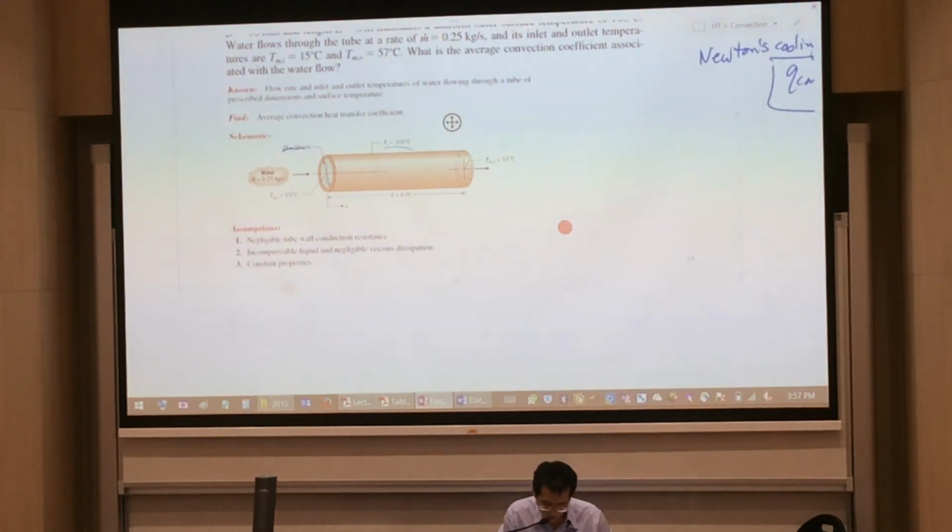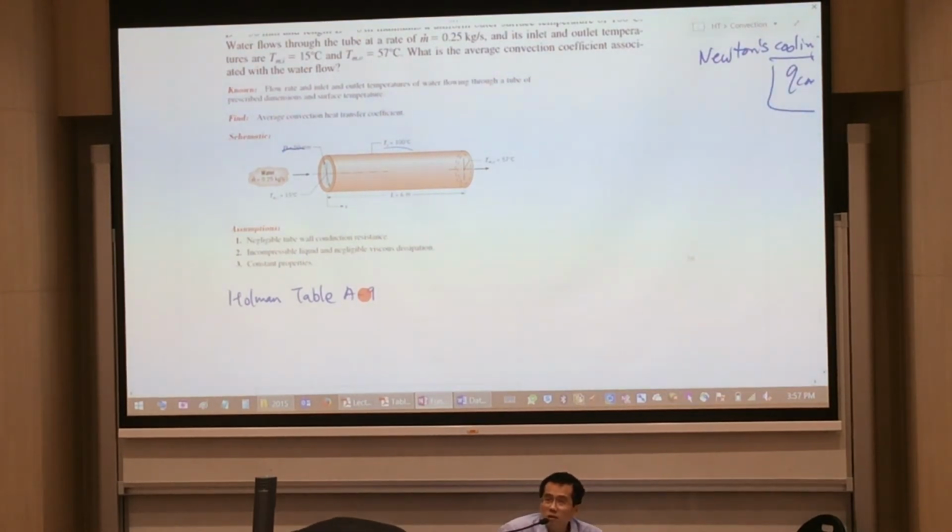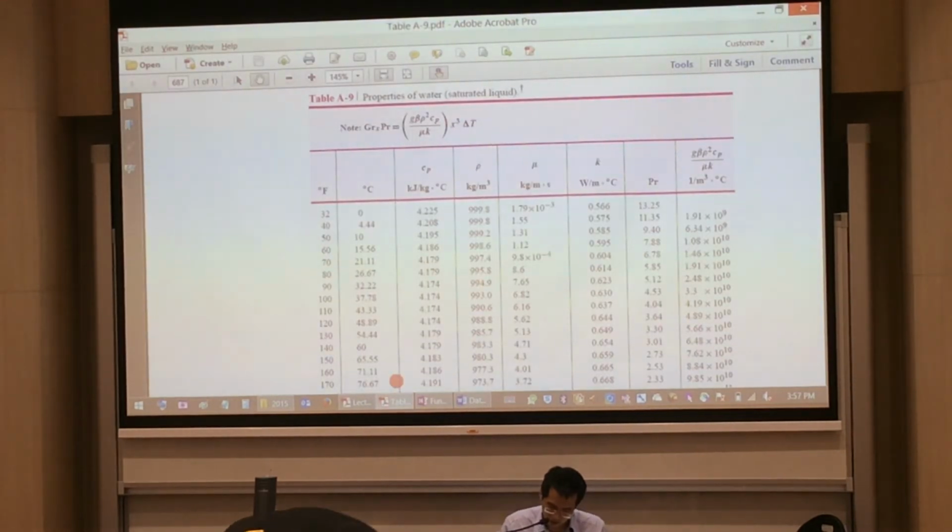Now the solution actually requires you to look at your Holman textbook for a table that's in Appendix A9. If you don't have that, it looks something like this.